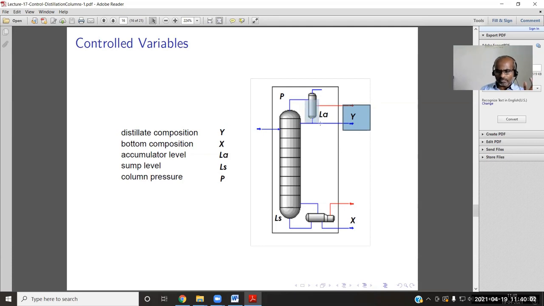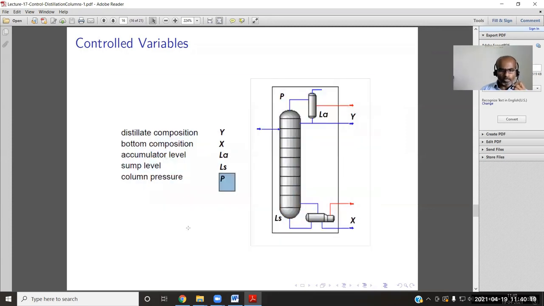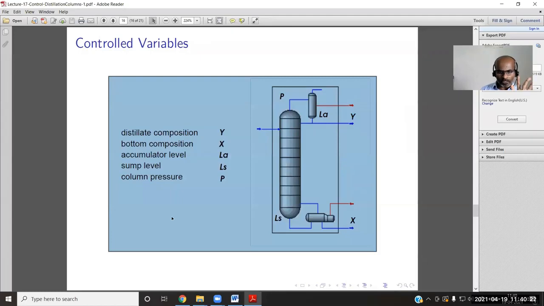So the level in this tank should be kept at some desired level, so that there will be sufficient flow for the subsequent operation. And the sump level, or the bottommost tray level, and the column pressure. These are the most common controlled variables, or output variables of importance.